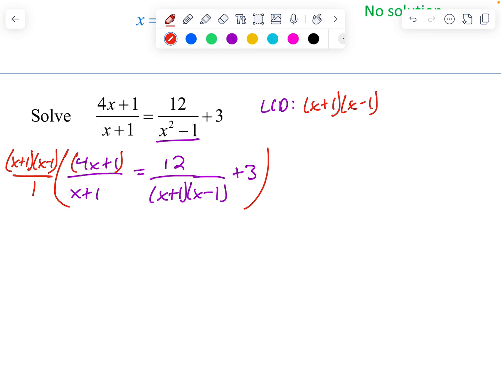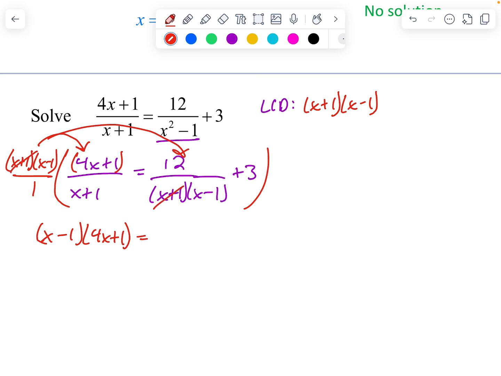Okay, so if I distribute this in, what's going to cancel with those first two fractions on the left? Well, my x plus 1's would cancel, and I just end up multiplying x minus 1 times 4x plus 1. On my right side of my equation, if I distribute that to this other fraction, what's going to cancel?